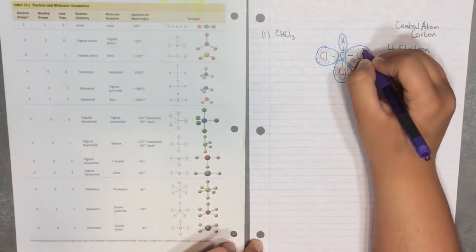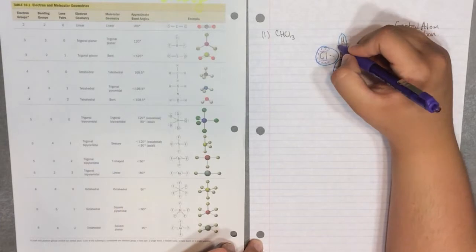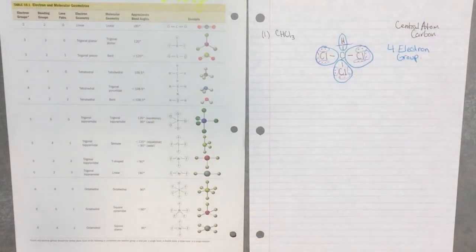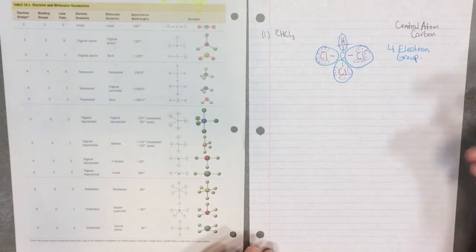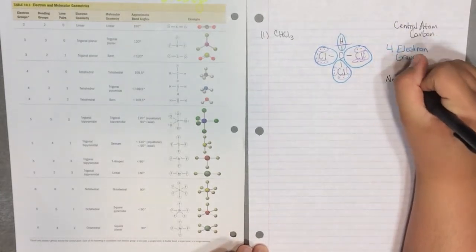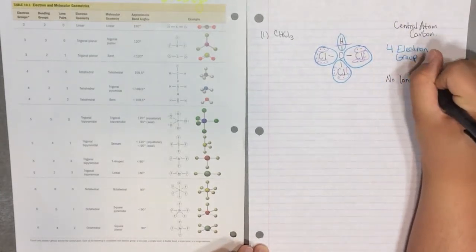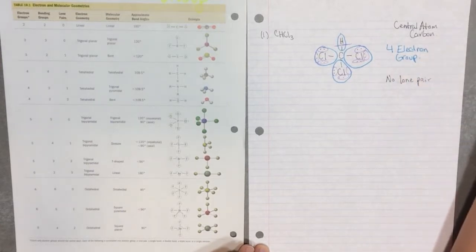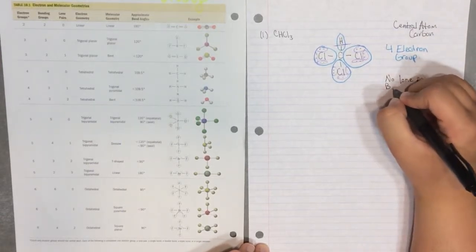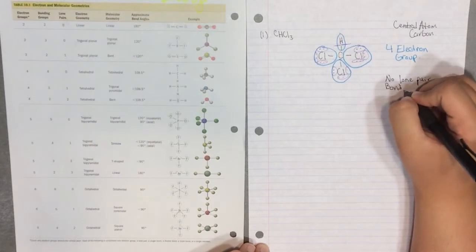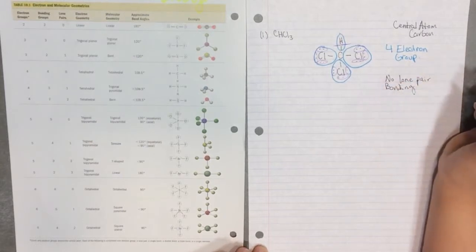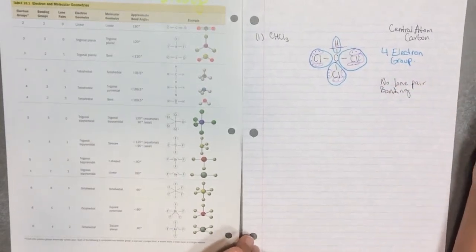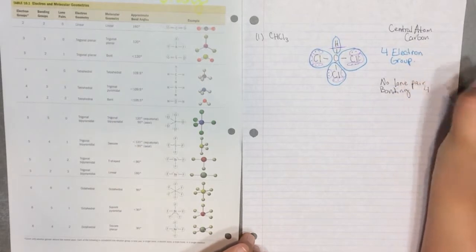And we know hydrogen only has one electron to give, so therefore it is full also. So we've identified that there are no lone pairs. Now we need to figure out how many bonding groups there are. Well, if there are 4 electron groups and no lone pairs, then there must be 4 bonding pairs.